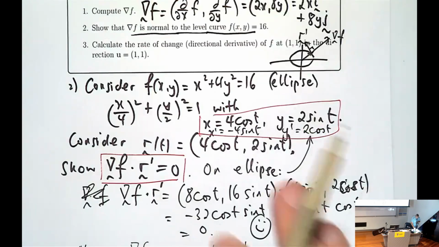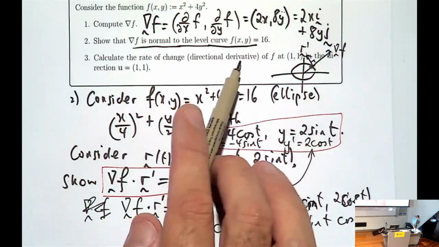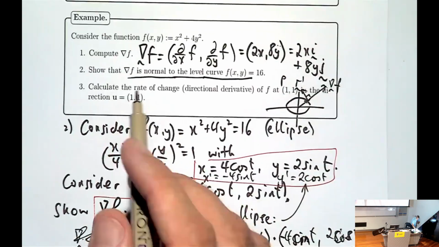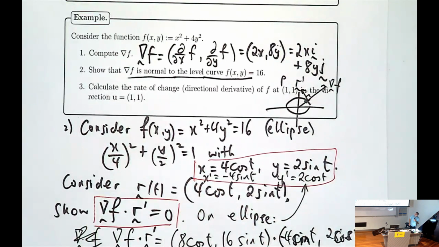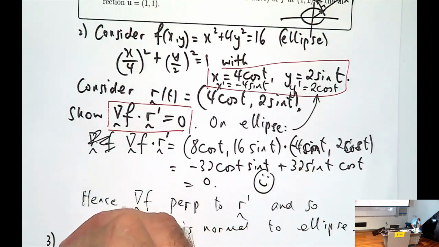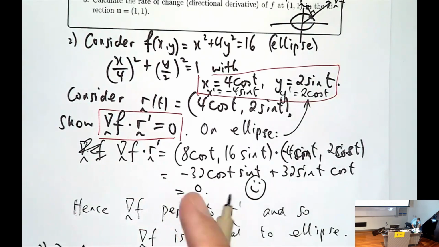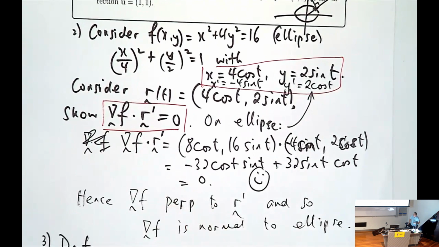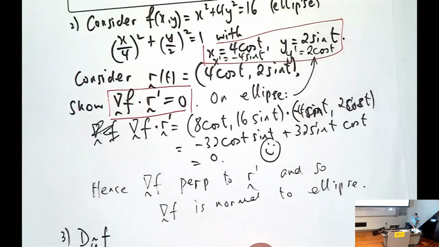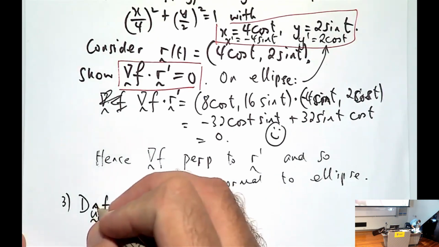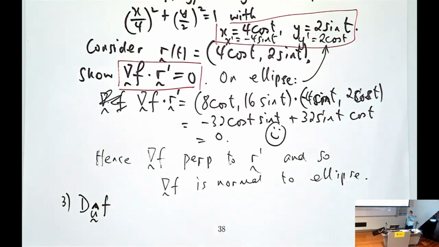Calculate the rate of change of this function at this point, let's call that P, in this direction. So the notation we use is the D sub u notation.